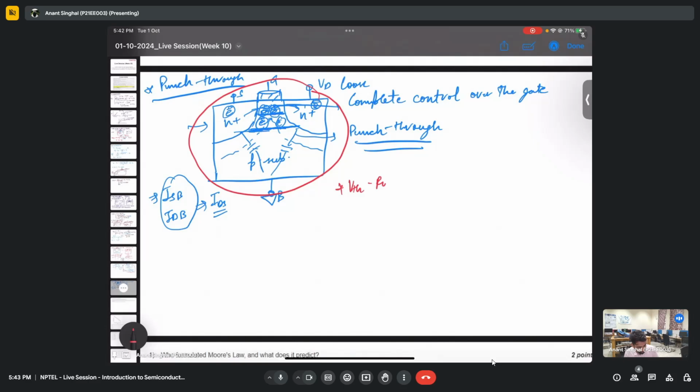So what is VTH roll off? Let's say I have N plus and N plus. As we have already discussed, the L effective that we are having is decreasing. So what do you think will be the effect upon the threshold voltage? Do we require more or do we require less?